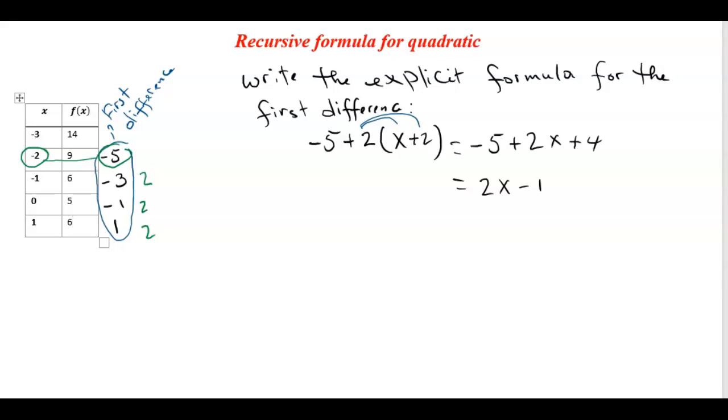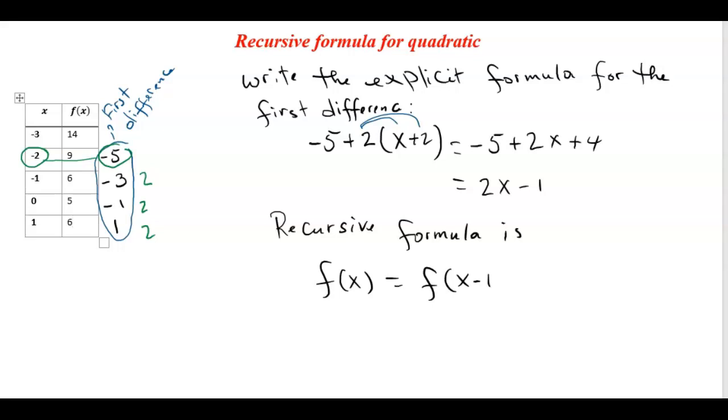So once you have this, then you're ready to write the recursive formula. So the recursive formula is f of x equals f of x minus 1, which is the previous term, plus 2x minus 1.